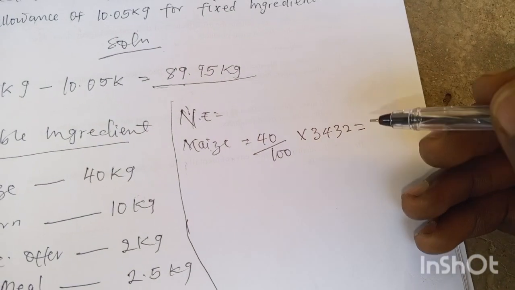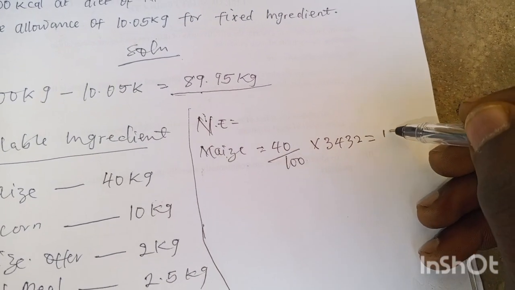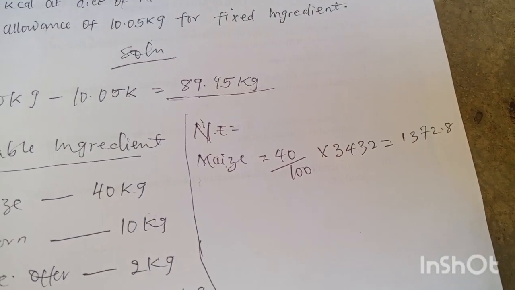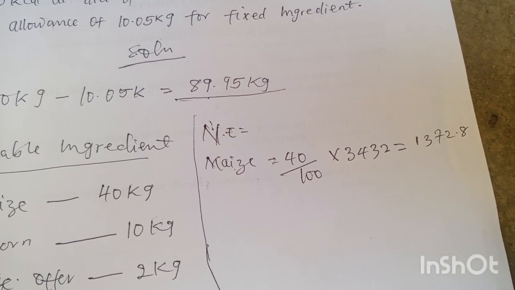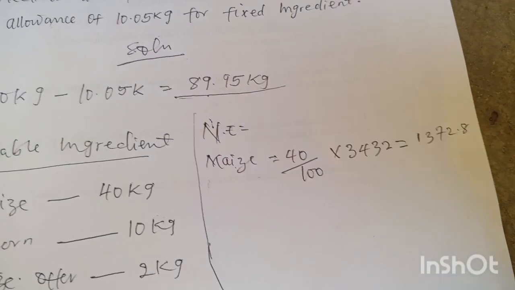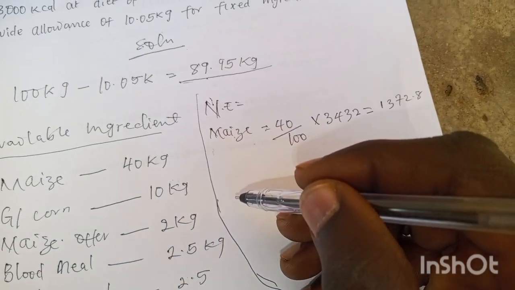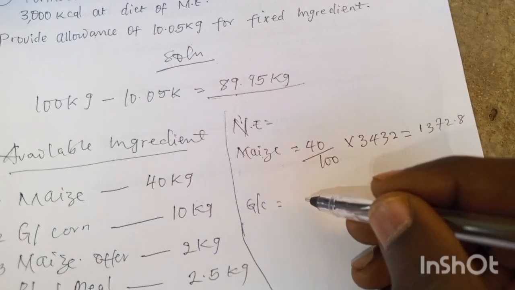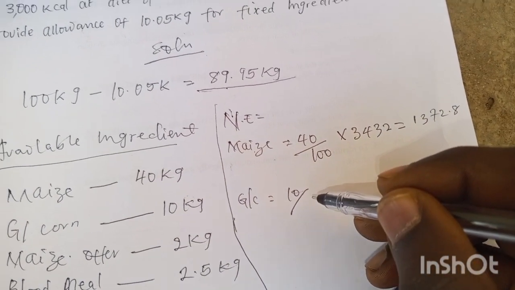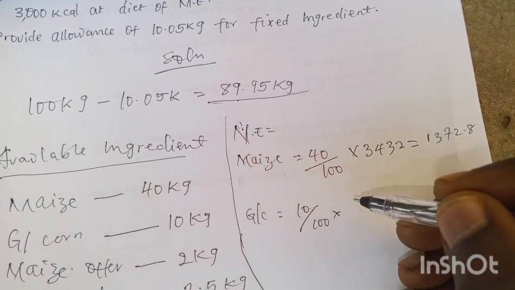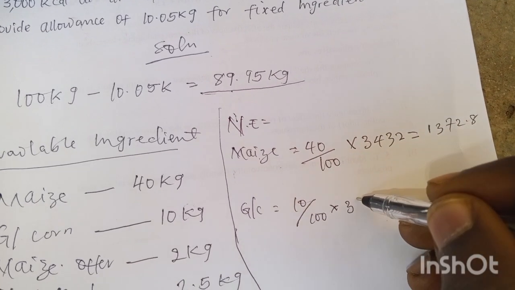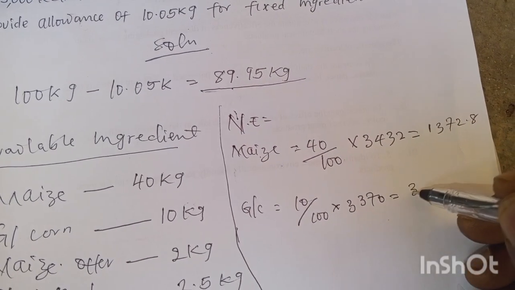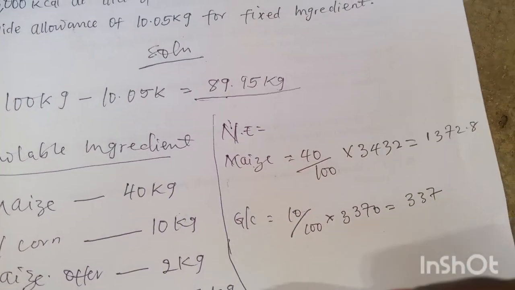So let's continue, and we say that the answer is 1372.8. That is 40 over 100 times 3432, which is the energy level for maize. Then we go for guinea corn. Guinea corn we have 10 over 100 times the energy level, which is 3370, to be equal to 337. Good.